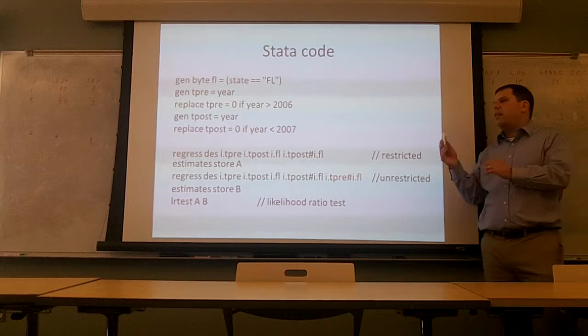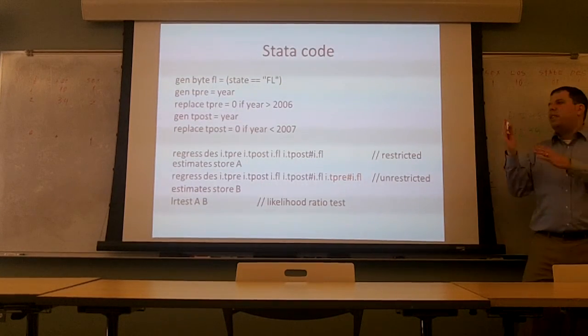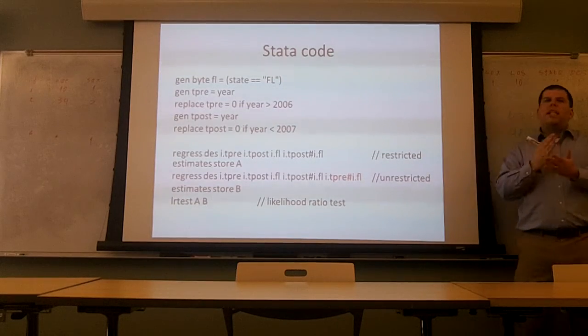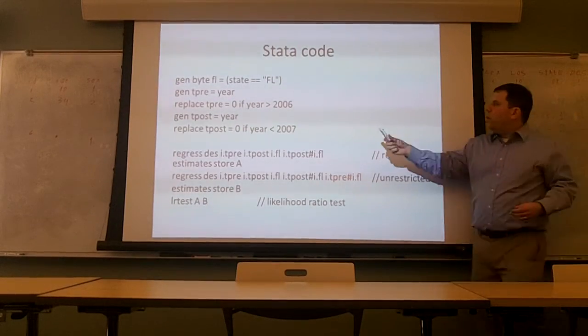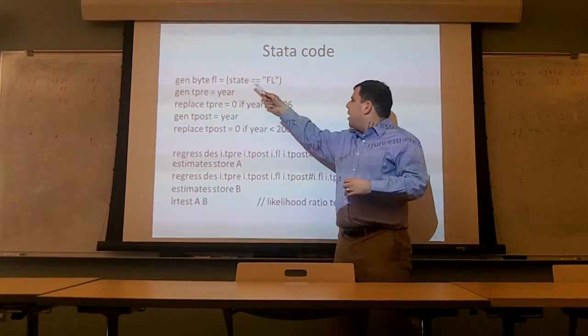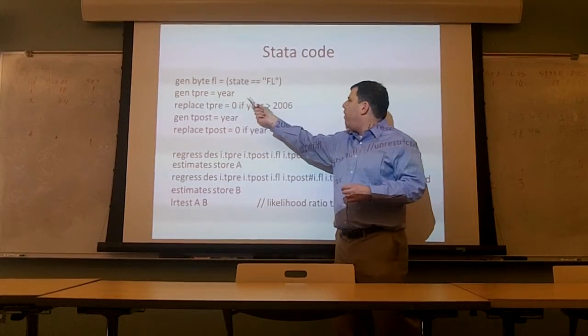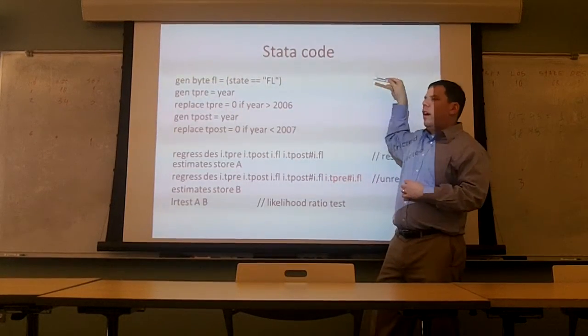Remember from last week, the drug-eluting stent safety warnings came out in 2006, and I'm using that as my policy date intervention period. So I now have a variable that equals 2002, 3, 4, 5, 6, and then 0 for the other years.